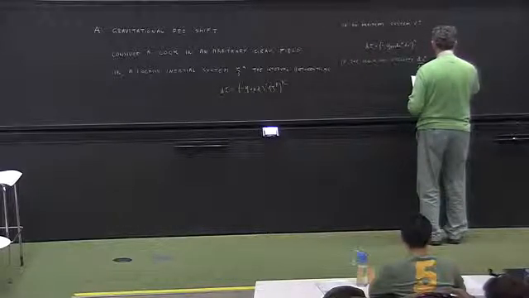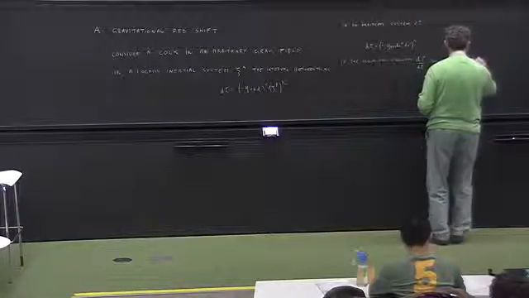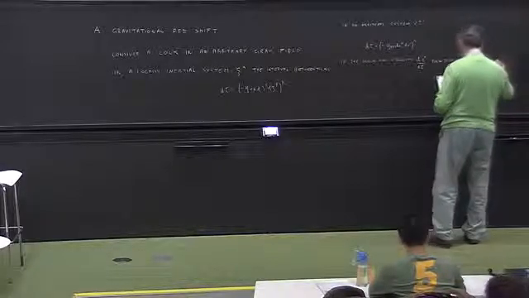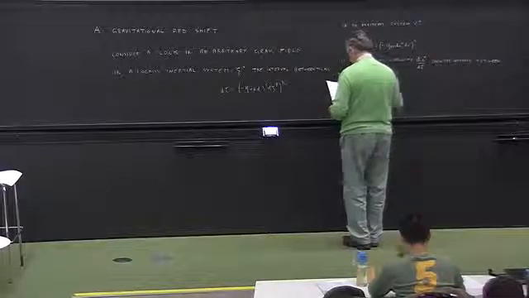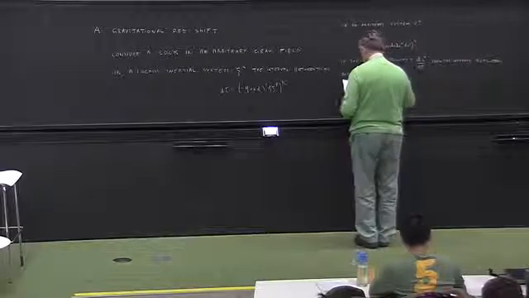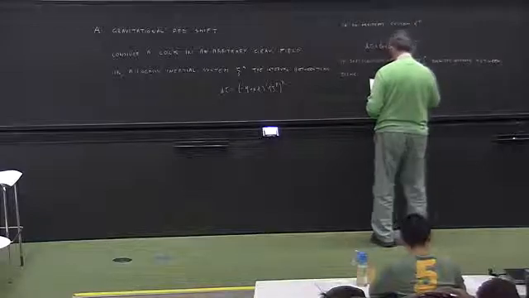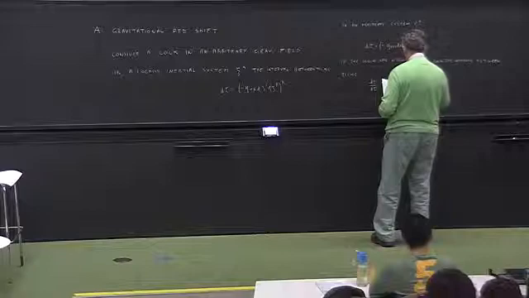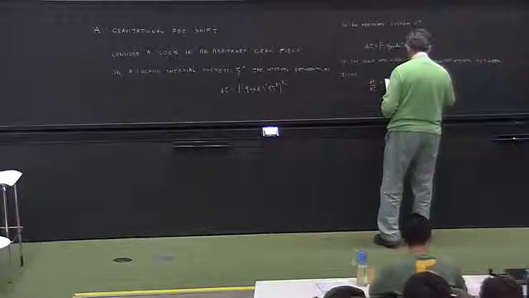Then the interval between ticks will be given by dt by d tau equal minus g mu nu dx mu by dt dx nu by dt to the minus half.